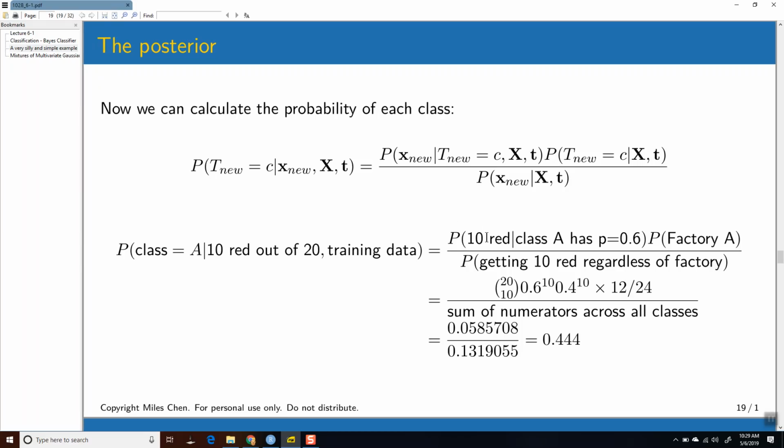It's the probability of getting 10 red if class A has proportion 0.6, the summary of our training data, multiplied by the probability of factory A, which is 0.5, divided by the probability of getting 10 red regardless of factory. So we have the numerator divided by the sum of the numerators across all classes, and we get 0.444.